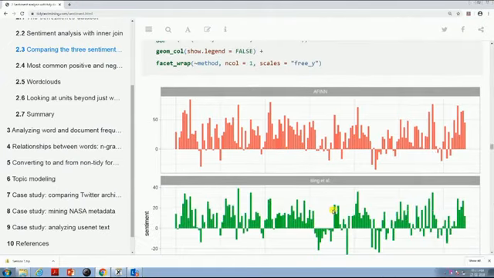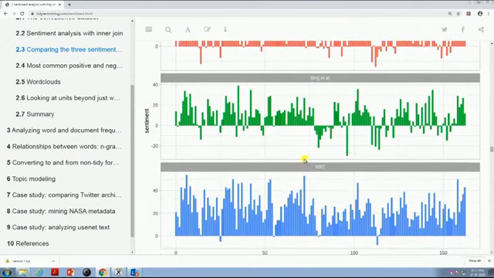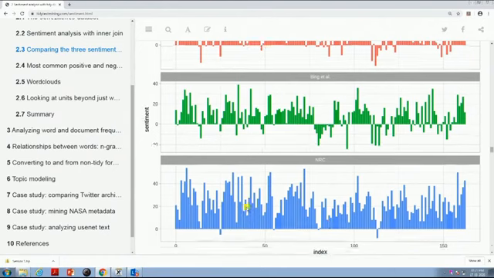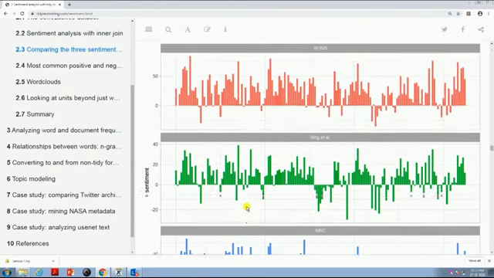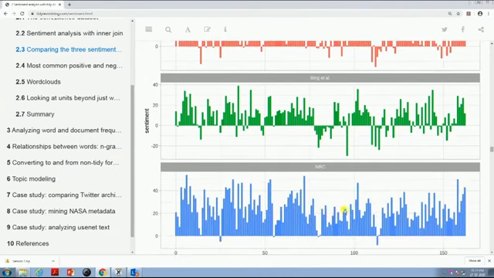If I compare AFINN, Bing and NRC, NRC is giving heavily positive, everything is positive. On the other hand, AFINN and Bing are able to show similar results. So, AFINN and Bing are closer to each other, and NRC is not so close to Bing.